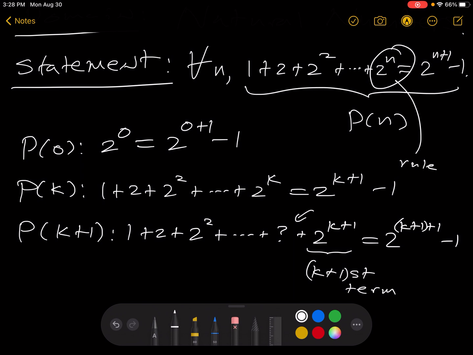So we plug k plus 1 into our rule for the left-hand side, and that gives us 2 to the k plus 1. Now we want the kth term, so we plug in k to our rule for the left-hand side, and that gives us 2 to the k.